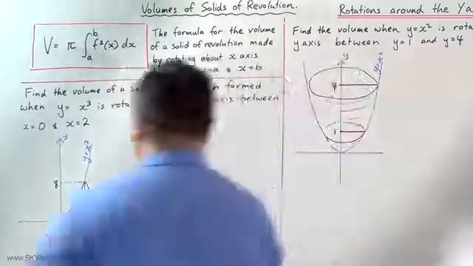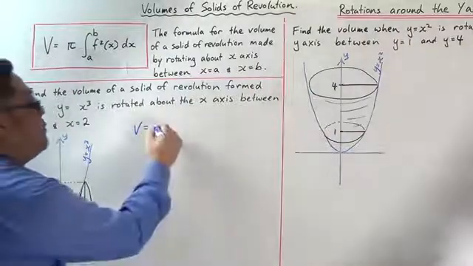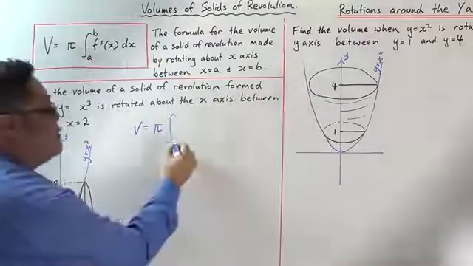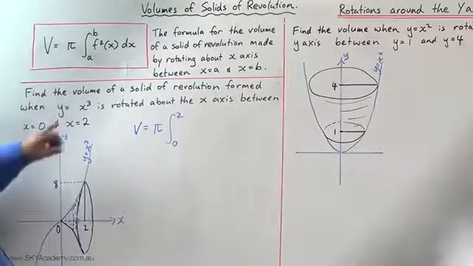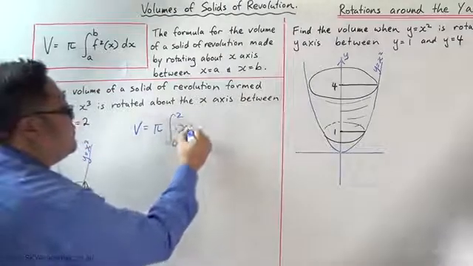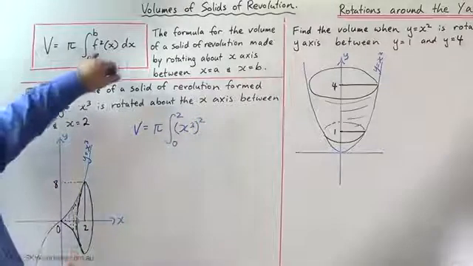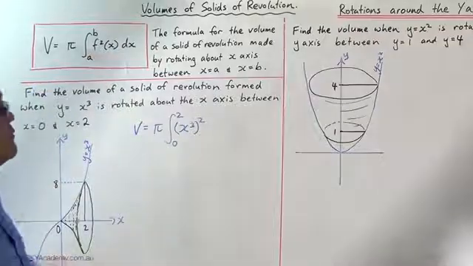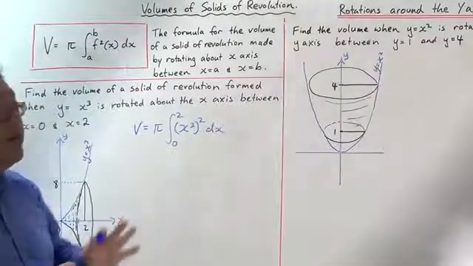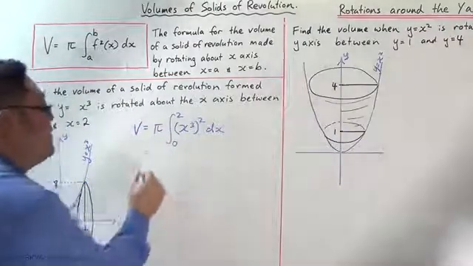So the volume is going to be pi times the integral from 0 to 2 of x cubed, all squared, because we're squaring the function, dx. So that is what we're trying to find. Let's work that out.